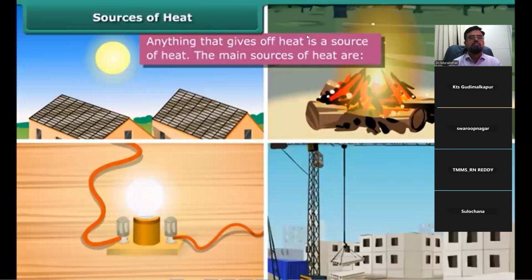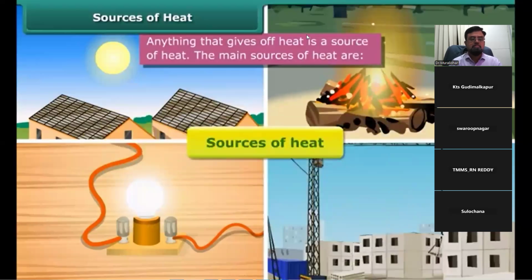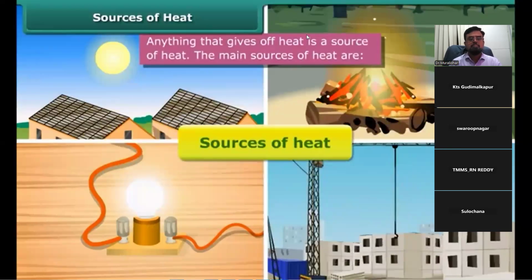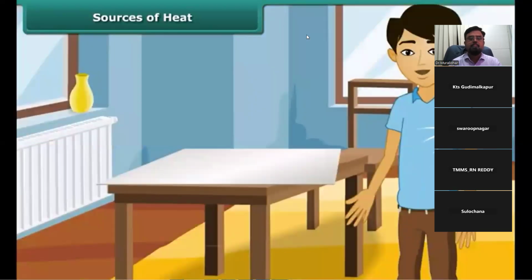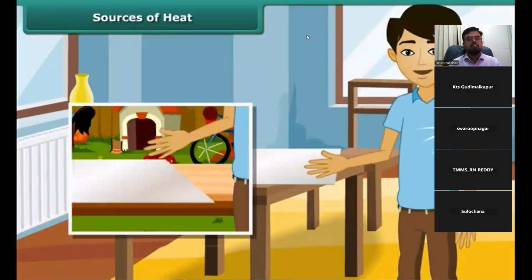the sun, burning fuels, electricity, and mechanical work are sources of heat. Let us perform an experiment. We keep tin or aluminium sheet out under sun and touch after some time. We then place the same tin or aluminium sheet inside the house. Touch the sheet after some time.